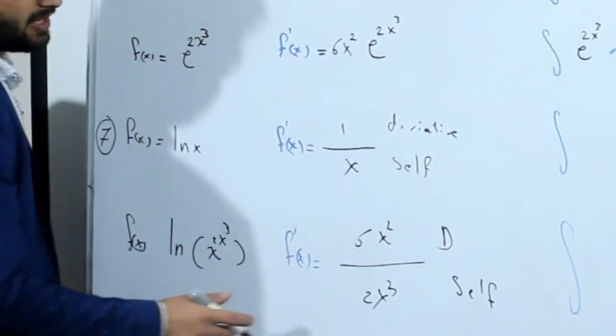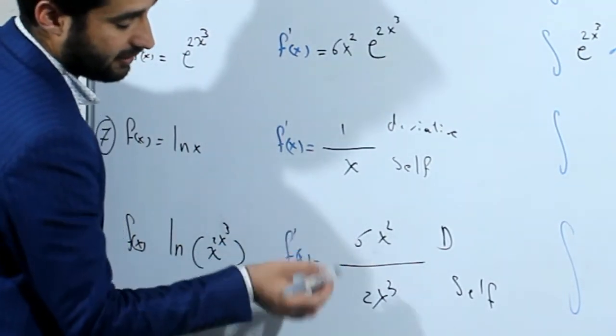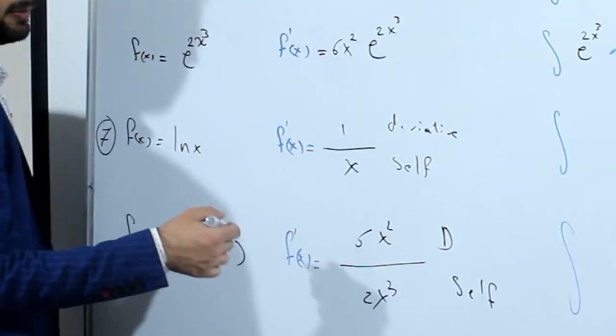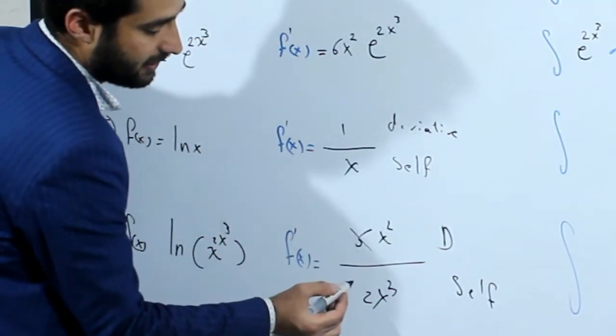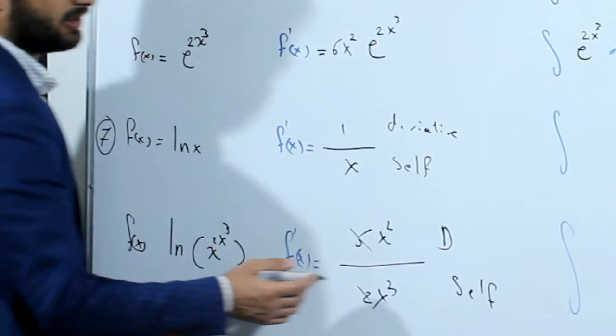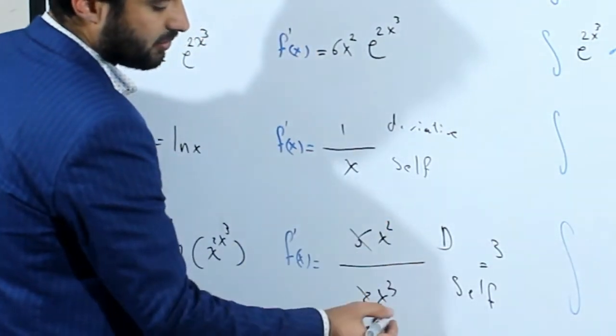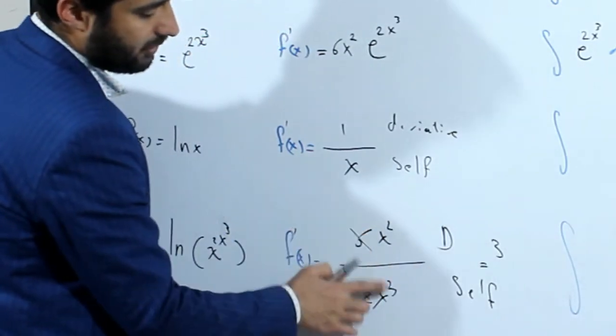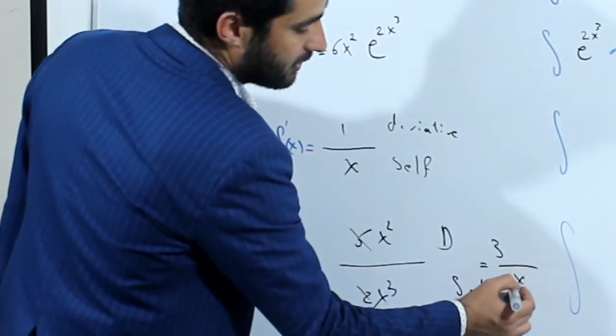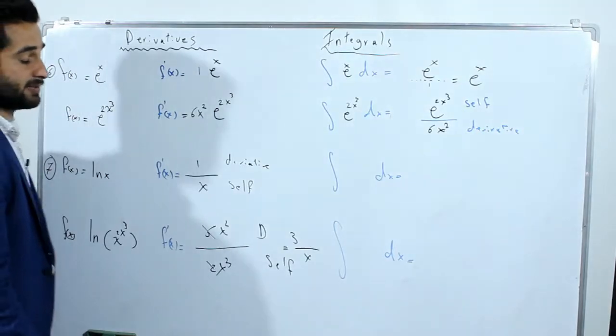Okay, so then we can simplify more. 6 divided by 2 is 3. We can say this is equal to 3x squared, and x to the power of 3 minus 2 is x to the power of 1. So it becomes 3 over x.